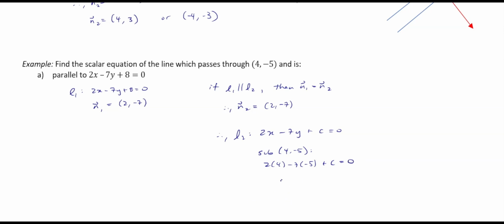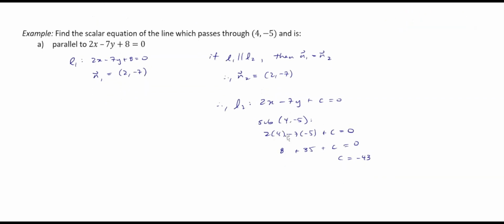And then I'll get 8 plus 35 plus c is equal to 0, and c is equal to -43. So I can say, therefore, 2x minus 7y minus 43 is equal to 0 is the equation of line 2.